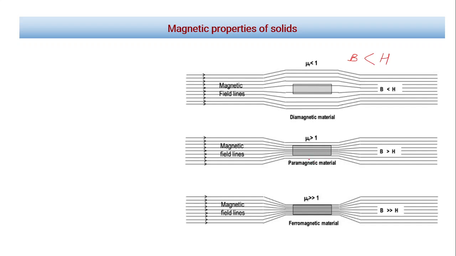Whereas in some materials, the magnetic lines of force tend to pass through the material.